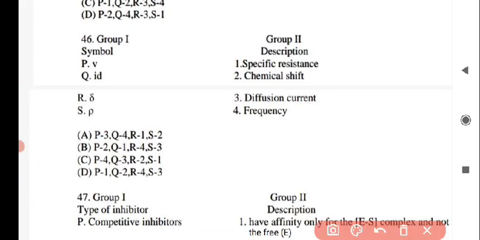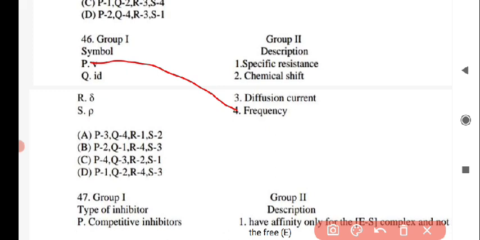Then in the next question, group 1 contains the symbol and group 2 contains its description. For the first symbol, which is represented by a small v, the correct answer is option number 4, that is frequency. Next symbol is ID.